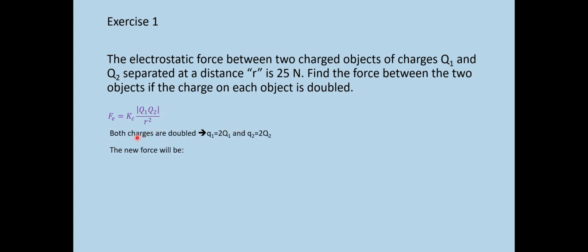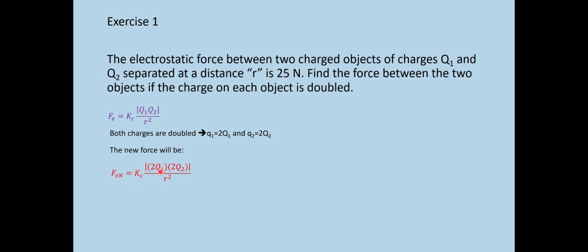Now, it's mentioned in the question that both charges are doubled, so the new charge Q1 is double of the original one, so it's 2Q1, and the new charge Q2 will be double of the original charge Q2, so 2Q2. Then the new force will be as follows. I'll call it Fen, the new electrostatic force, equal to Kc.